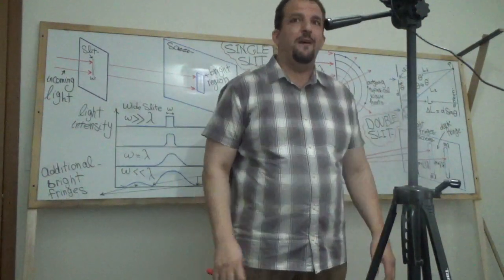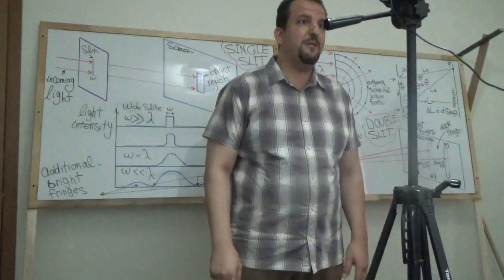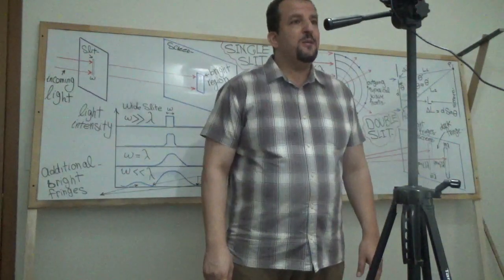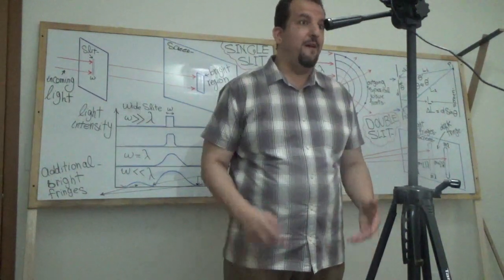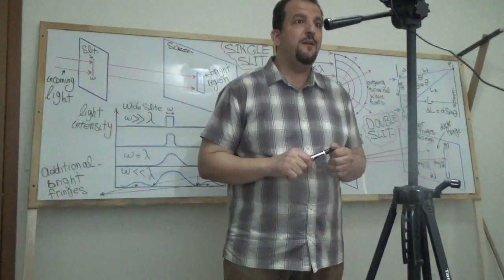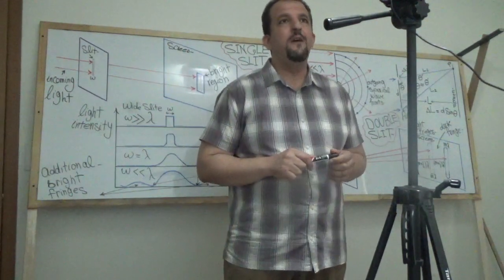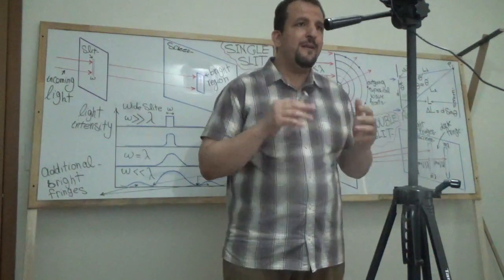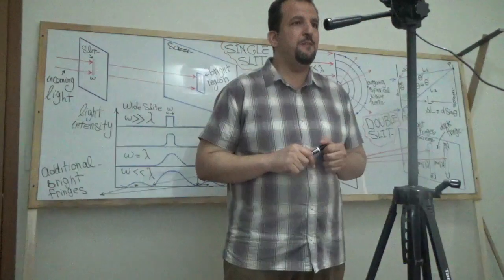Dear students, today we will talk about Young's experiment. Young's experiment is a very important experiment in physics, and it showed that light is a wave and has wave properties. We know that Huygens and Newton had different ideas about that.